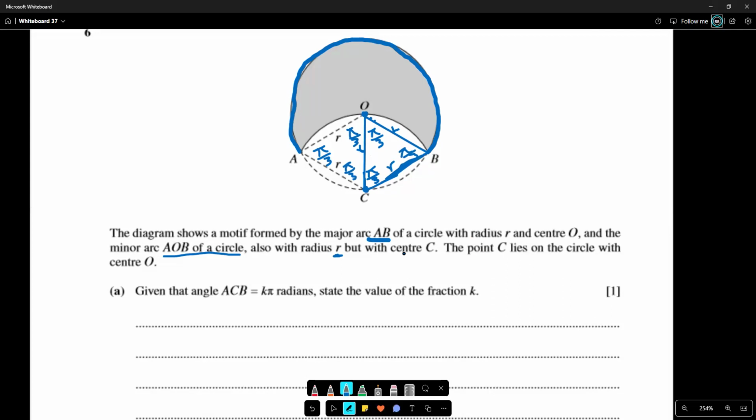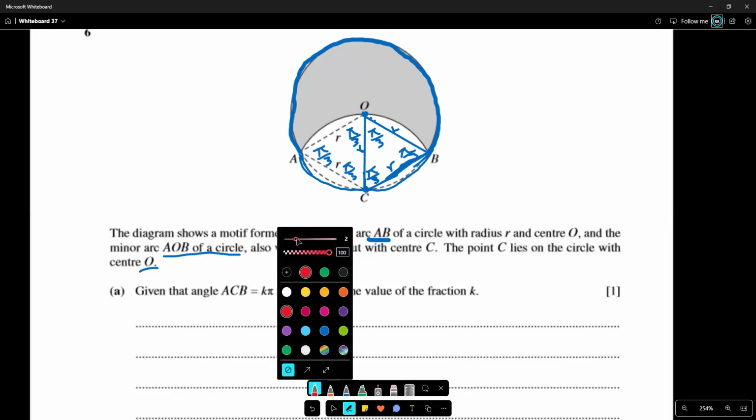Sure. So I've analyzed. The point C lies on the circle with center O. Oh, so point C lies on the circle with center O, which means this basically is the whole circle. That's what they're telling us. This forms the whole circle. And there's an interesting thing here that we need to acknowledge.